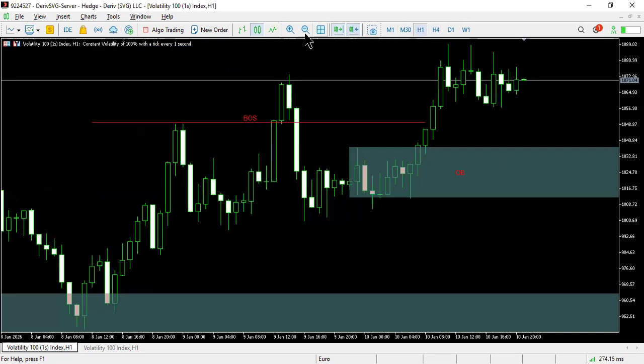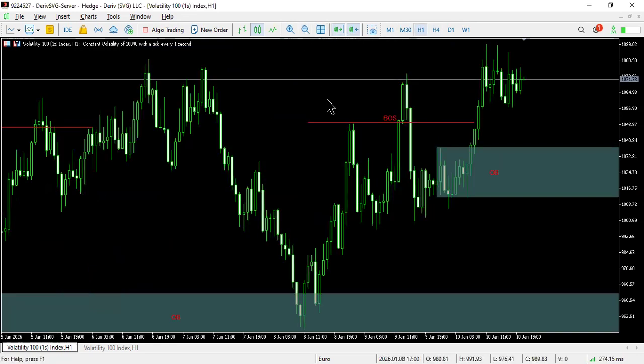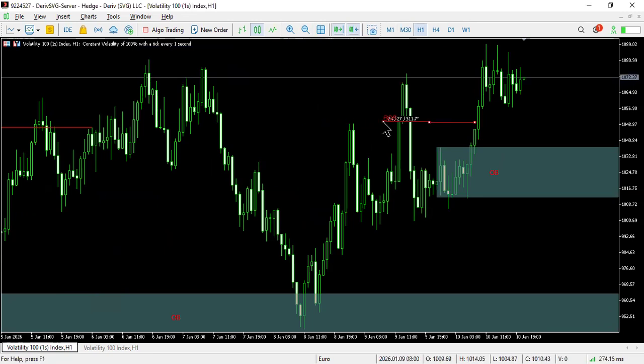We go to my entry time frame, which is the 1 hour. From the 1 hour, we can adjust the break of structure. That is the break of structure.